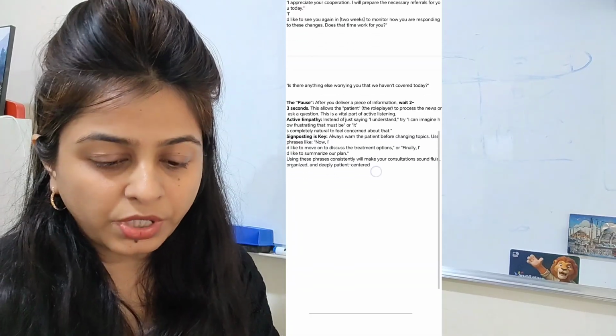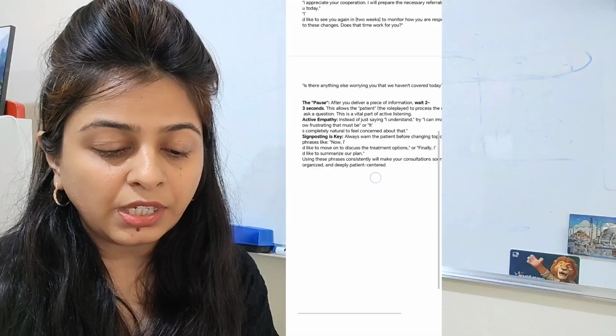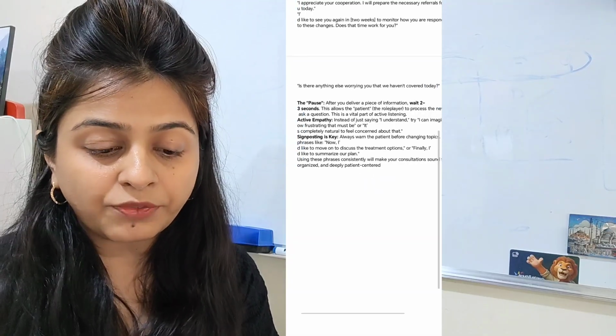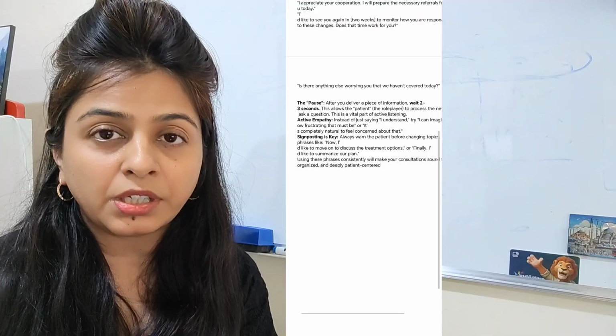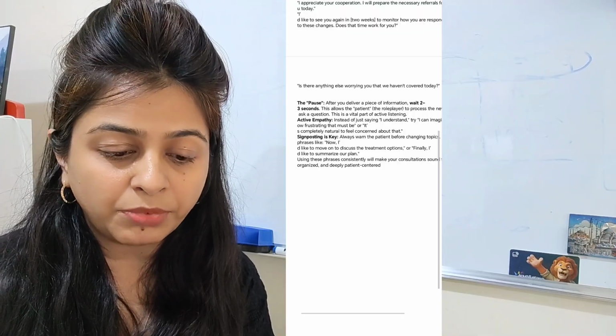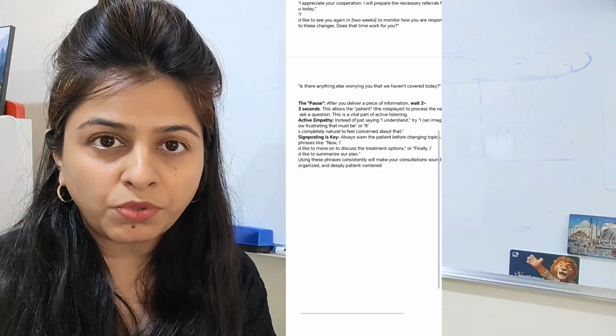This is the most important line. In the end, this is the most important line to ask the patient. Maybe there is something you have missed after data gathering and after management, and maybe there are some concerns which in their mind they wanted to discuss with you.